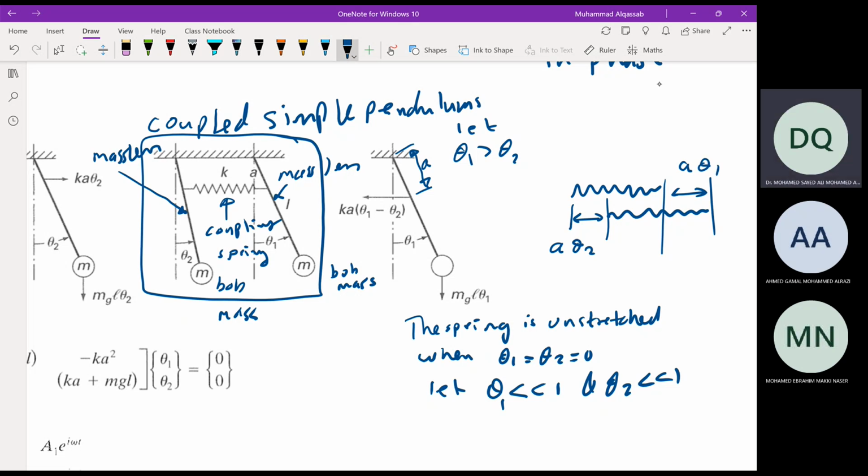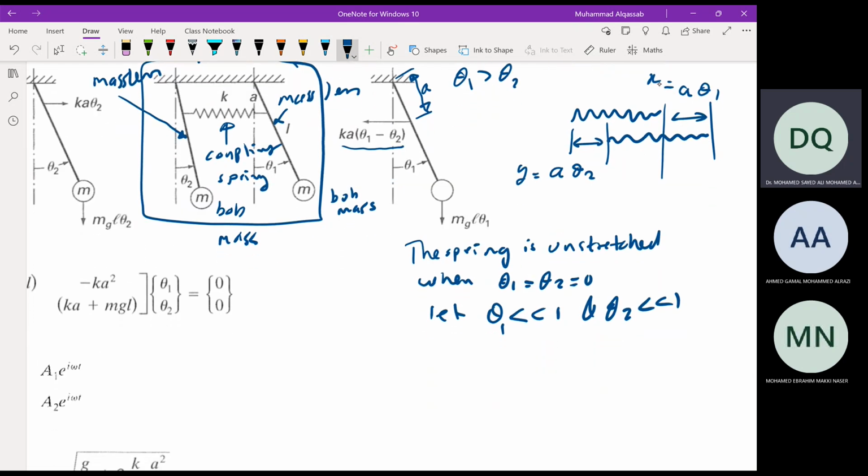It's like X and Y, as in the basic notation. So the spring force will be K A(theta 1 minus theta 2). You can say this is X and this is Y, so that will be K(X minus Y). Since A is common, it is Ka(theta 1 minus theta 2). Okay, and the weight, of course, because we add the weight here.